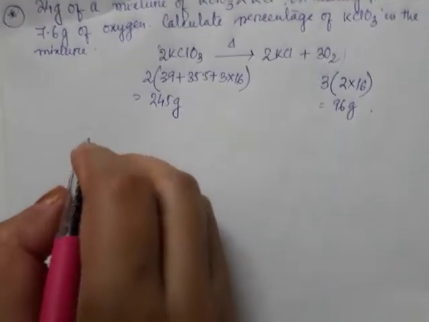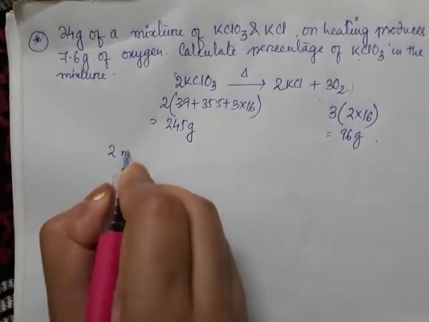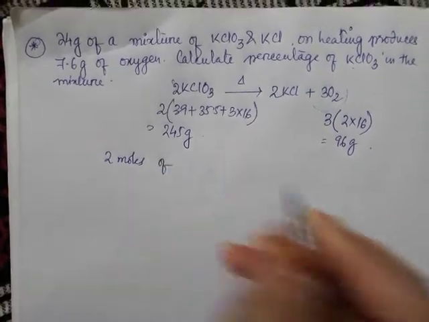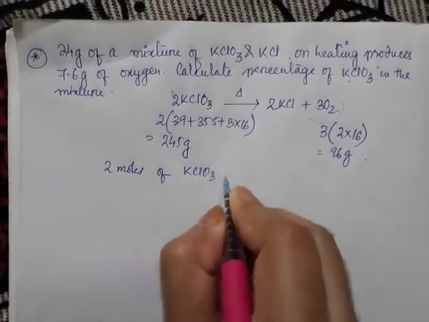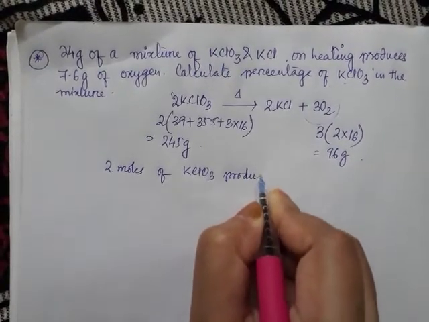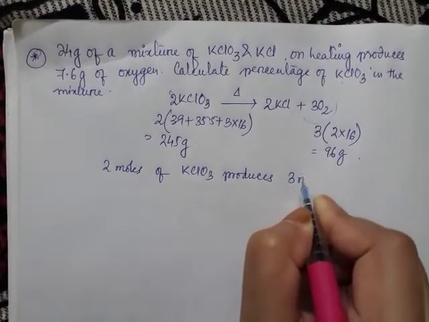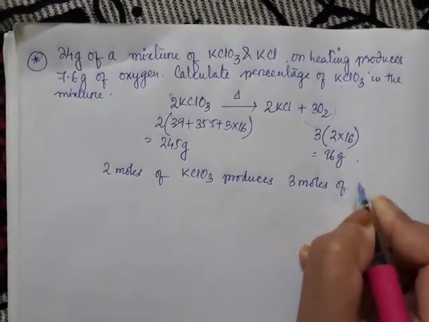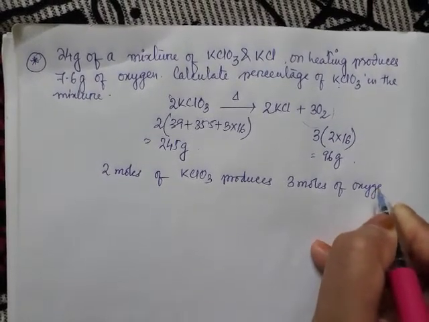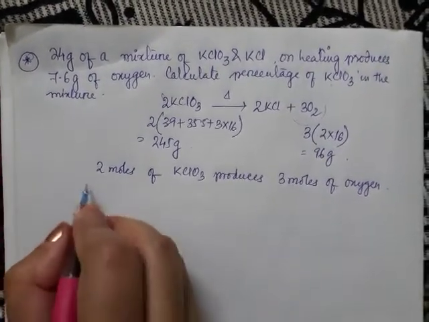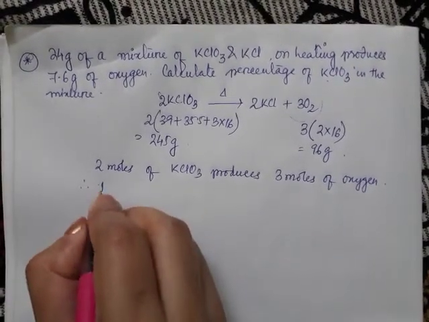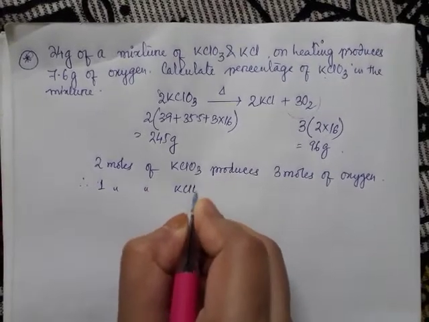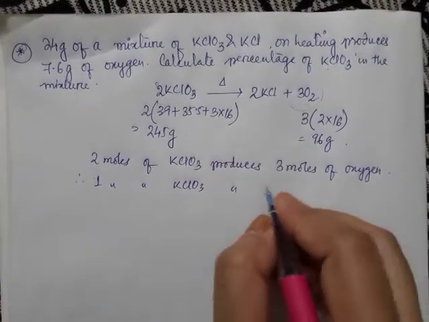In other words, we can also say that 2 moles of KClO3 produces 3 moles of oxygen. So now we have to calculate, 1 mole of KClO3 produces how many moles of oxygen.